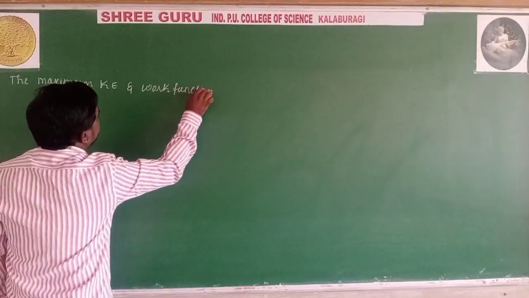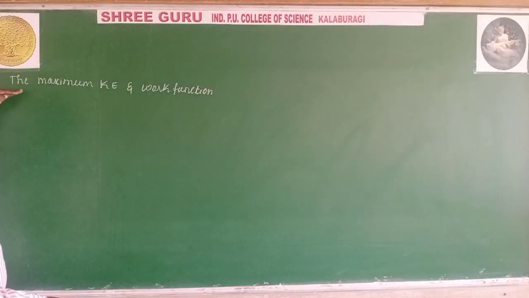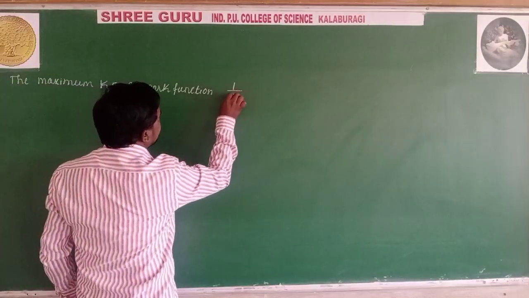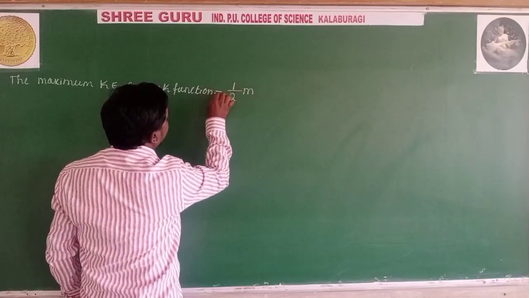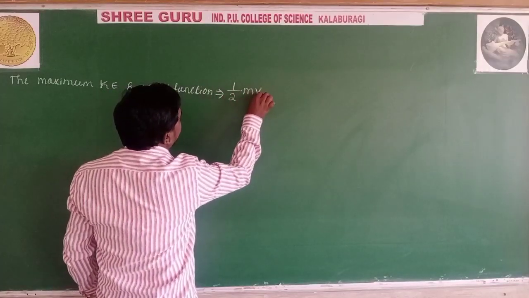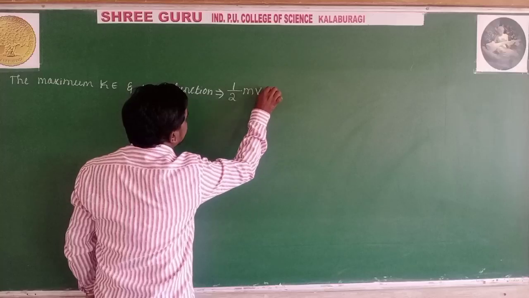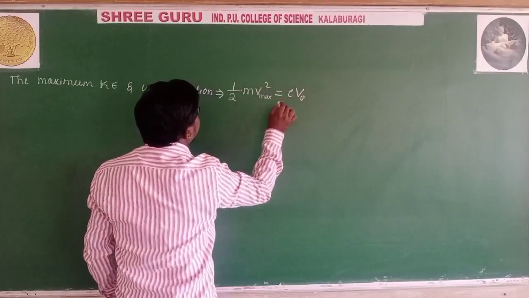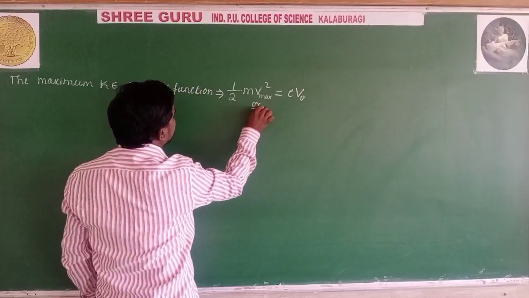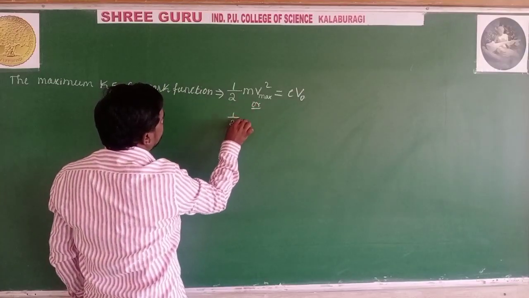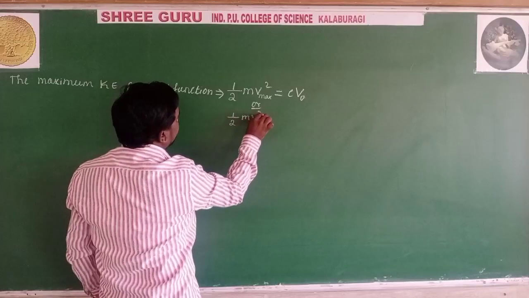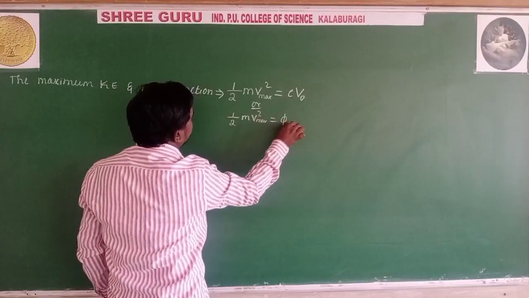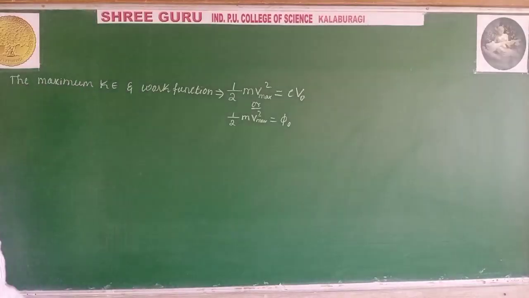The expression for maximum kinetic energy is half m v maximum square, which is equal to e V naught. Or we can also write half m v square maximum, which is equal to phi naught. This is our work function formula.